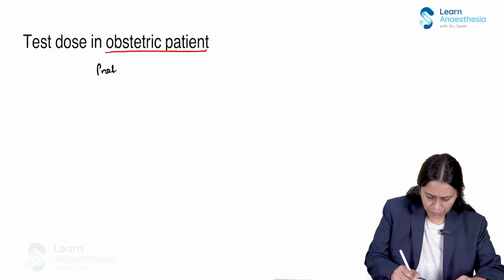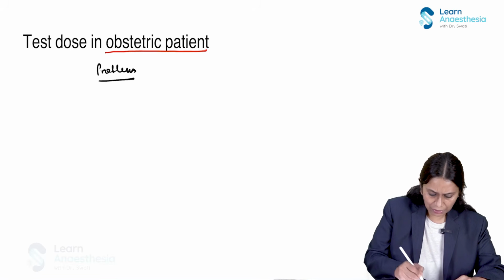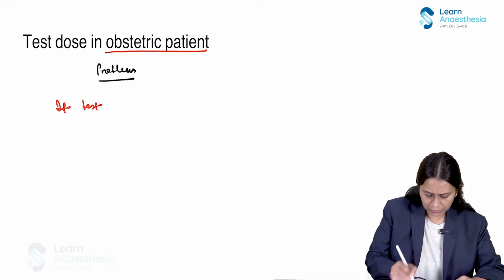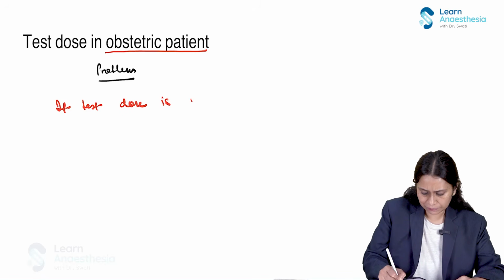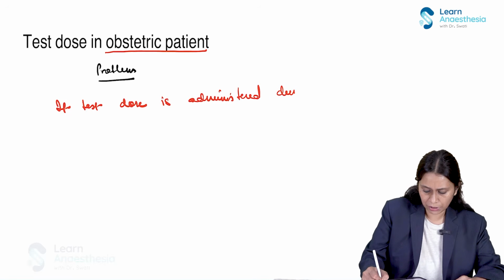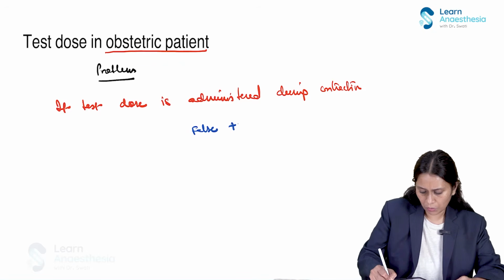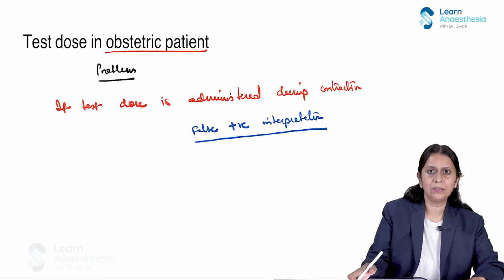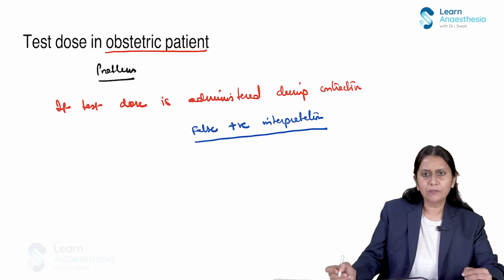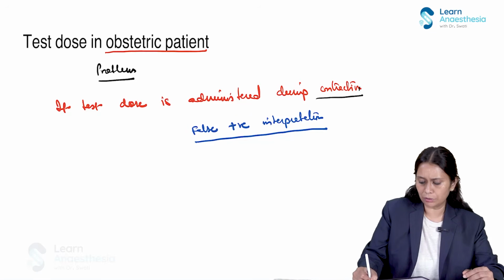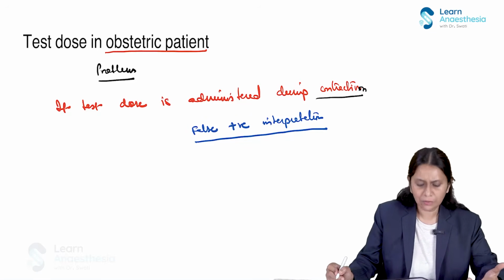The problem is that if the test dose is administered during contraction, we will have a false positive interpretation. Got it? So one care we can take, we should not give the test dose during contraction. Once the contraction goes away, we can give the test dose.